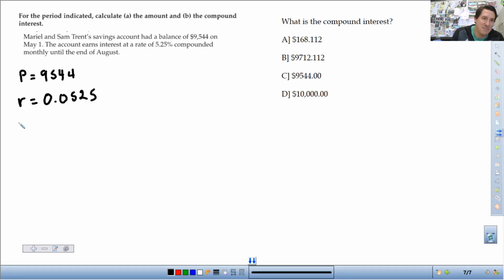It's compounded monthly. There are 12 months in a year, so that's going to be 12 times per year. And then the time frame. So they deposited on May 1st, and we're going to the end of August. So it's going to be compounded in June, July, August, then one more time. It's going to be 4 times.